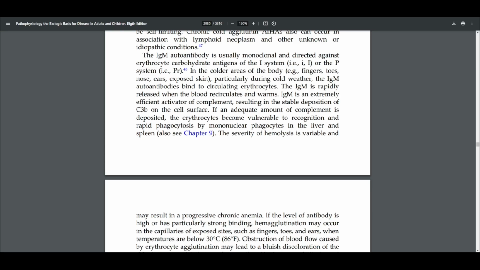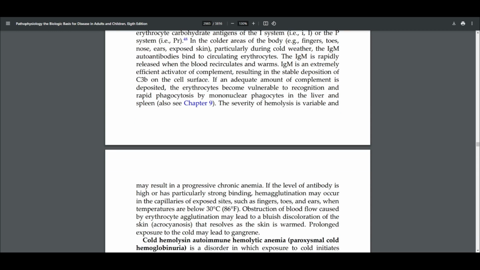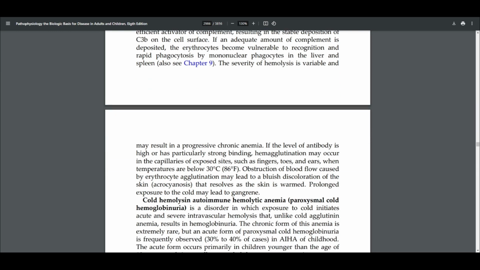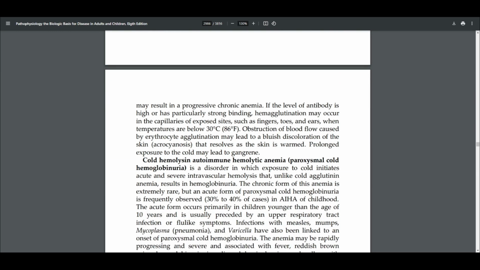IgM is an extremely efficient activator of complement, resulting in the stable deposition of C3b on the cell surface. If an adequate amount of complement is deposited, the erythrocyte becomes vulnerable to recognition and rapid phagocytosis by mononuclear phagocytes in the liver and spleen. The severity of hemolysis is variable and may result in a progressive chronic anemia.